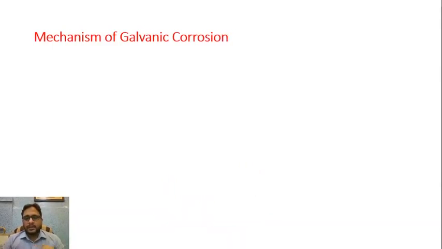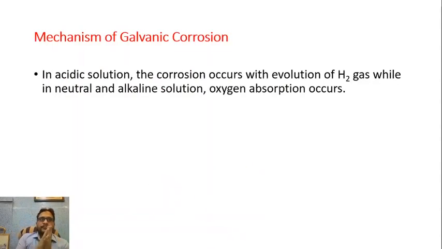So the mechanism behind this: if the environment is acidic, during galvanic corrosion, hydrogen evolution will take place. While in the case of neutral as well as alkaline solution, we have absorption of oxygen.